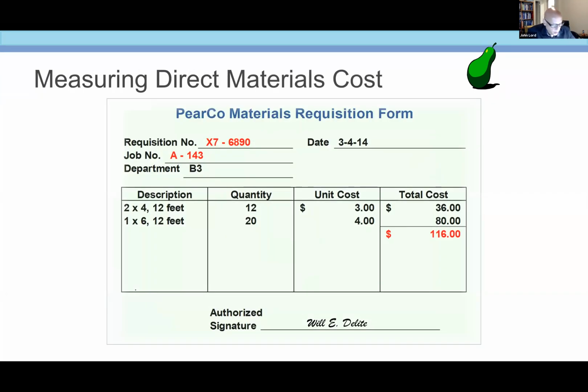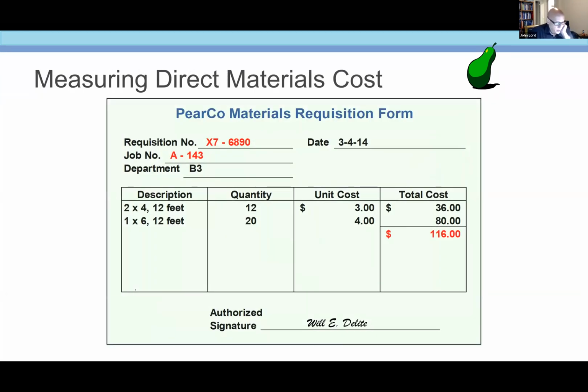Okay, so we go ahead and we use up some materials, and the materials have a total of $116. And we have this materials requisition form. Sometimes students say, what's a requisition? It's a formal, technical way of saying I'm requesting something.